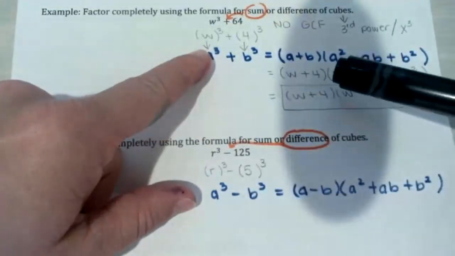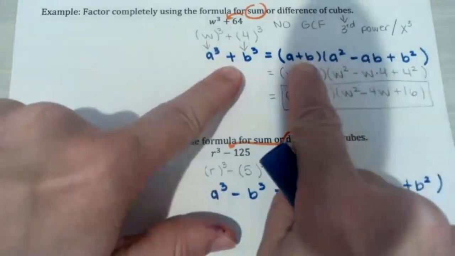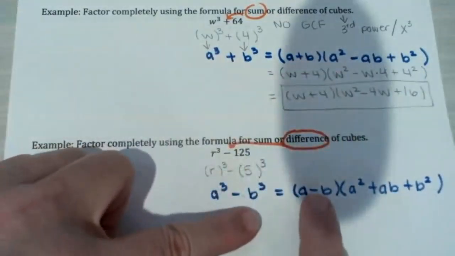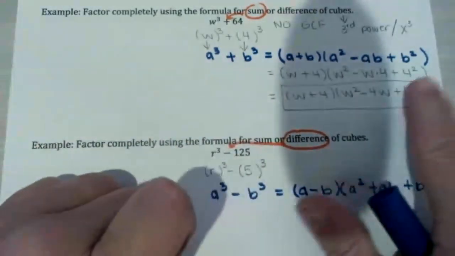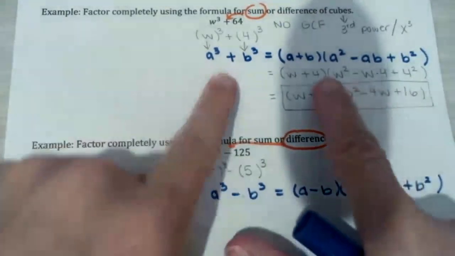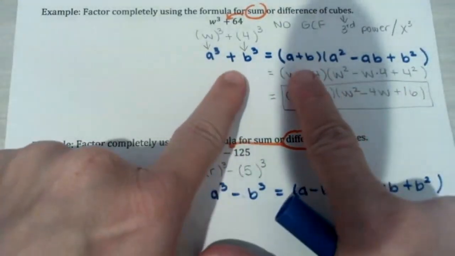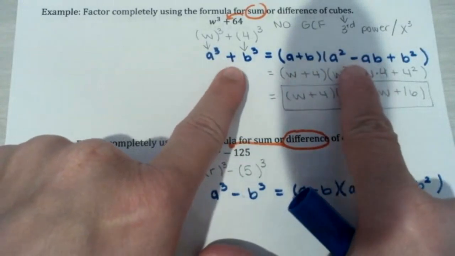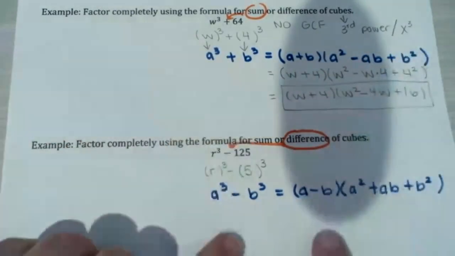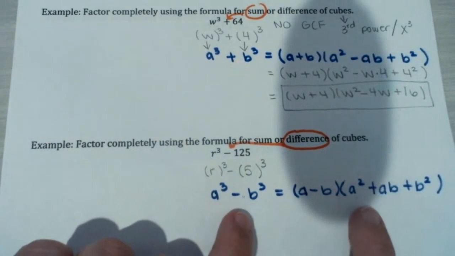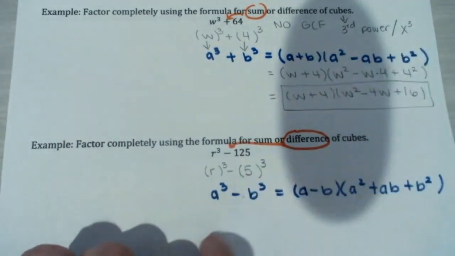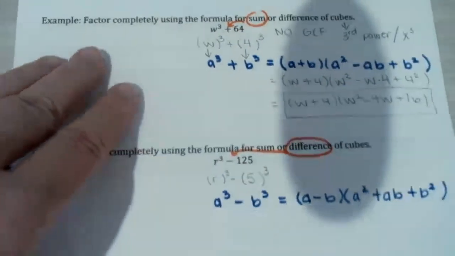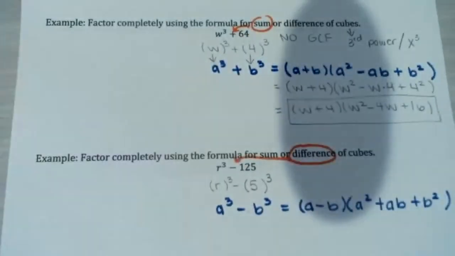This one's for positive, this one's negative. The first sign is the same sign that's given in the problem, the next is the opposite sign of what's given in the problem, and the last one is always positive. So really it's only one formula that you have to remember, and it's just a matter of how to change it to make the two separate formulas.